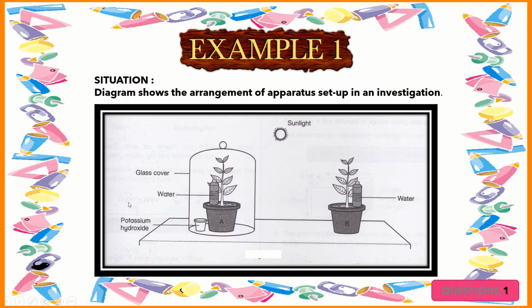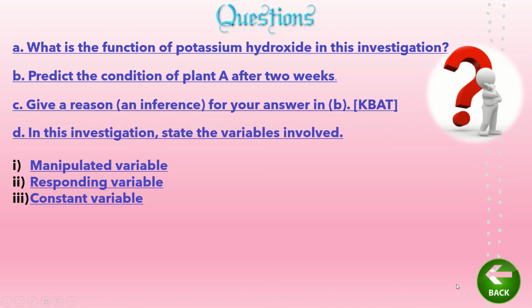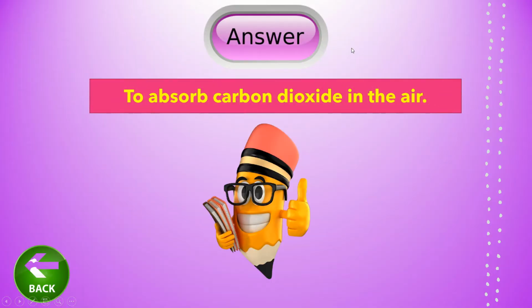The question is, what is the function of potassium hydroxide? This is the answer. The function of potassium hydroxide is to absorb carbon dioxide in the air.